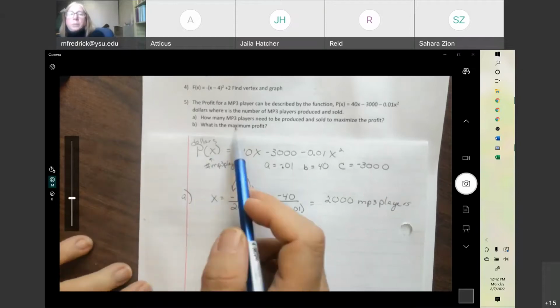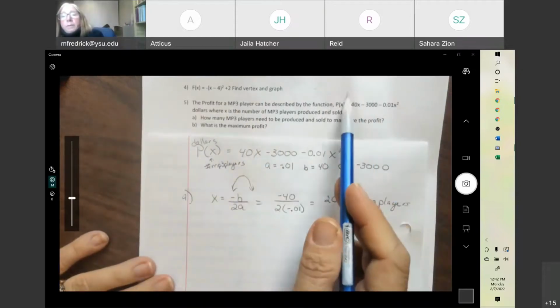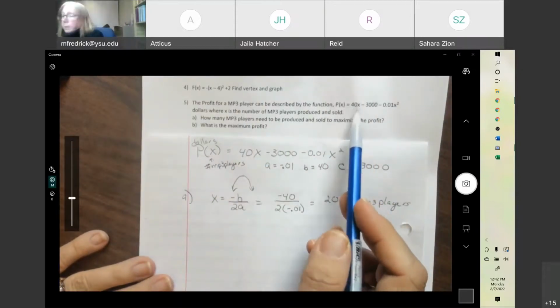To find the maximum profit, well, this equation is our profit function. Just plug it in.